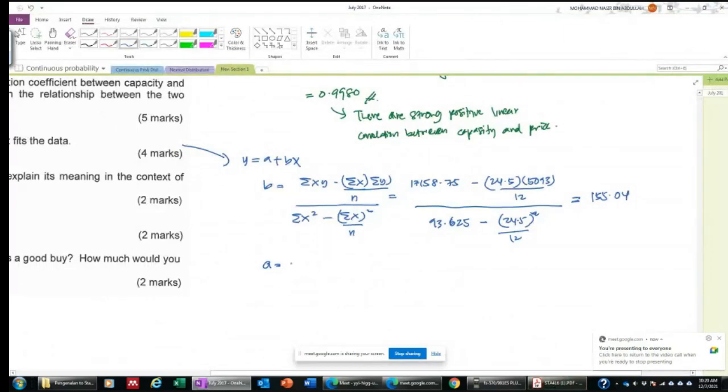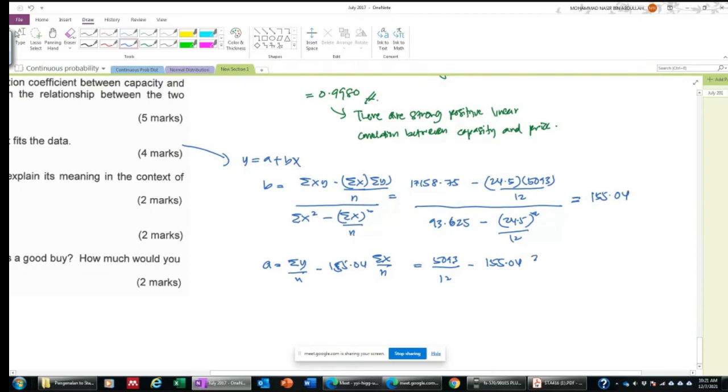A is the summation of Y divided by N minus B, which is 155.04, multiplied with summation of X divided by N. So this is summation of Y, 5093 divided by 12, minus 155.04 multiplied with 24.5 divided by 12.